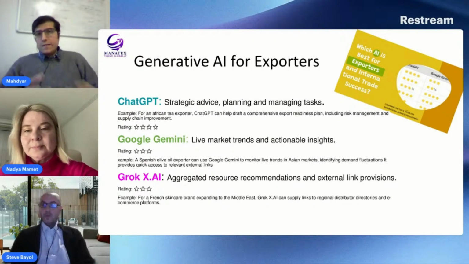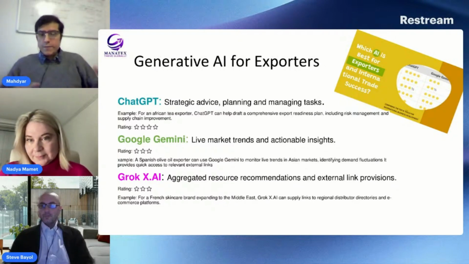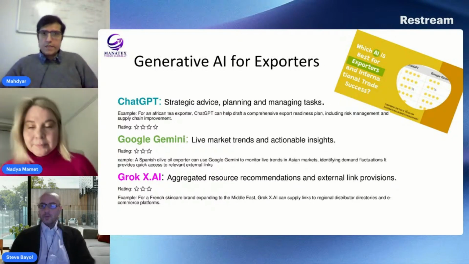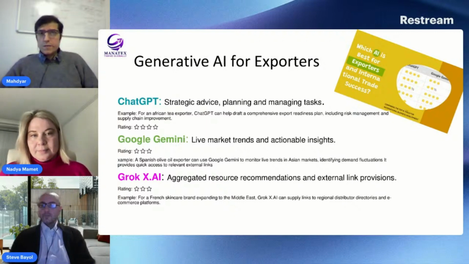But in this session, I will focus only on the generative AIs. We know several different generative AIs. Only big companies can afford to create this. We have like 4 or 5 companies that are already doing this.